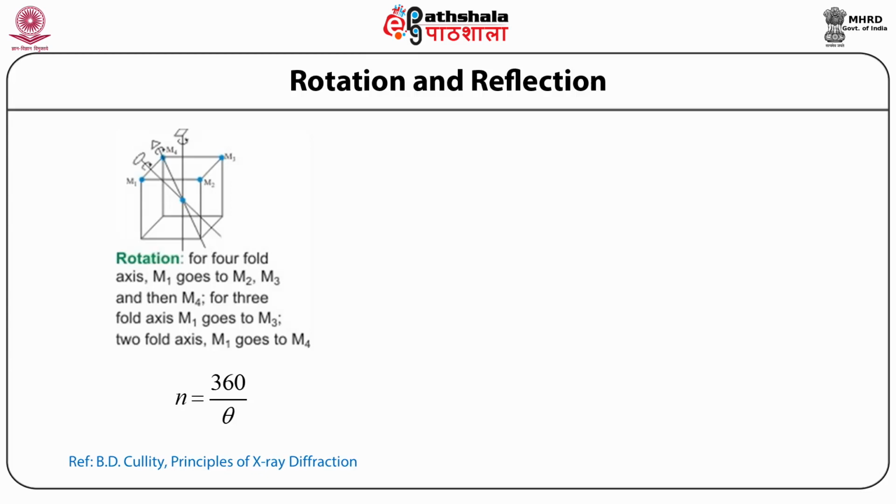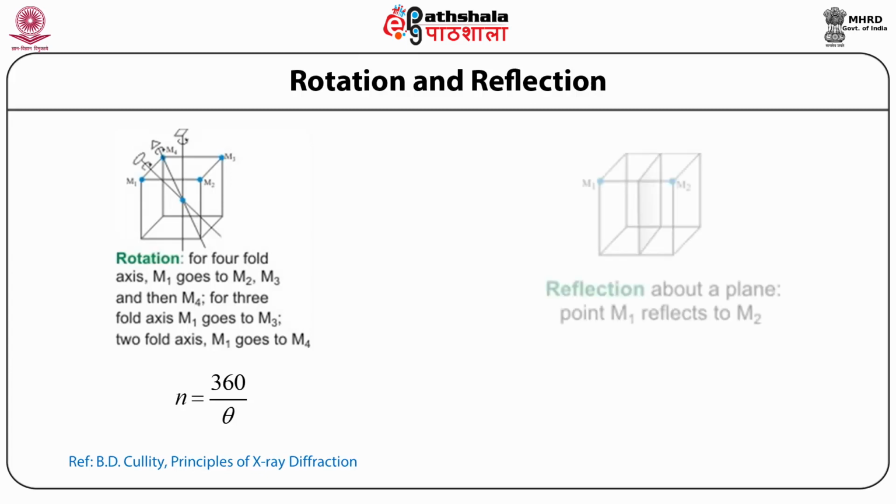As evident from this figure, we have a four-fold axis, that is M1 goes to M2, M3 and then M4. For a three-fold axis, M1 goes to M3, and for a two-fold axis, M1 goes to M4. Next is reflection. This kind of symmetry is about a plane.